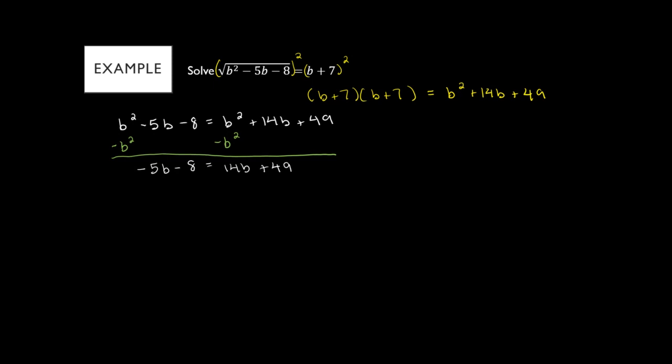So now we're solving for b, and I like to make my variables on the left. So I'm going to subtract 14b from both sides. And that's going to give us negative 19b, then minus 8 equals 49.